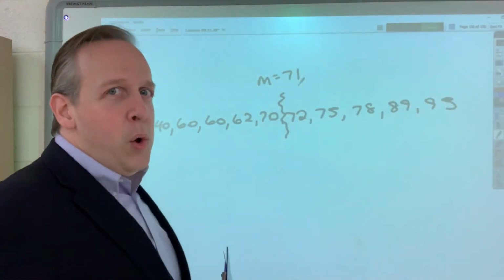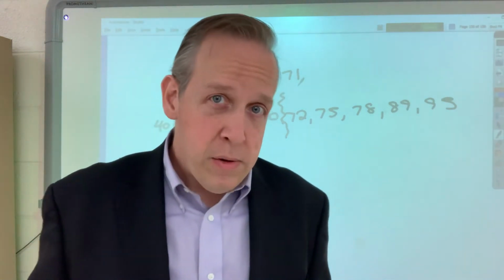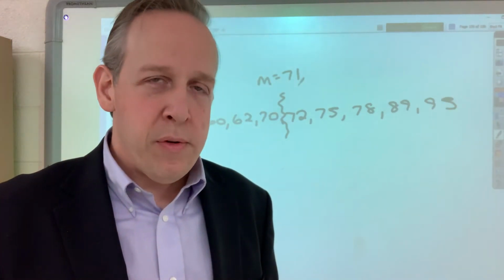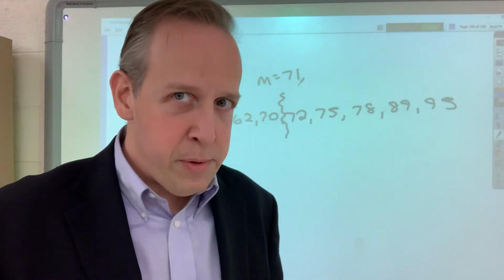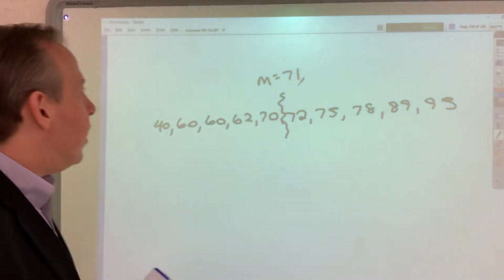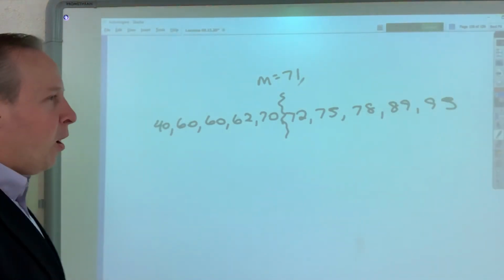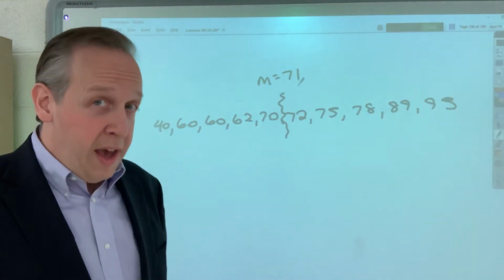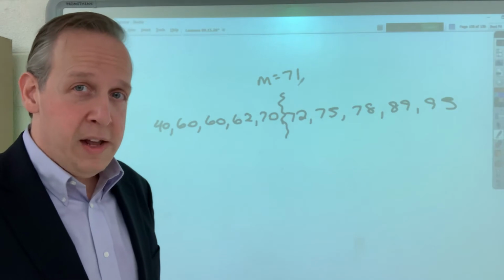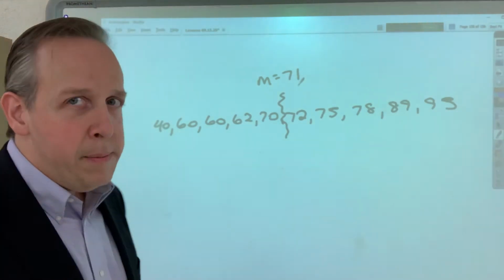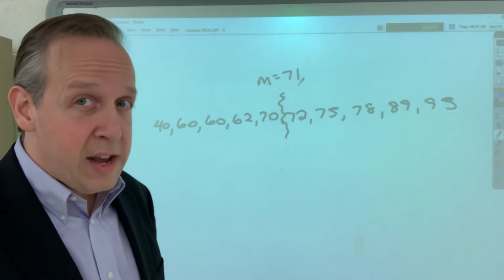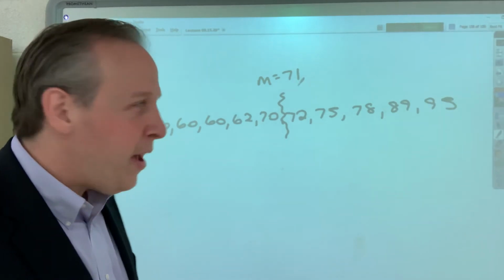Now, in order to make a box plot, we need 2 other important values that we have to look for, and then 2 other important values that are simple to find. They stand out. The ones we have to look for are the middle of the lower half, called the first quartile, and the middle of the upper half, called the third quartile. The median is also known as the second quartile, but it's never really called that.